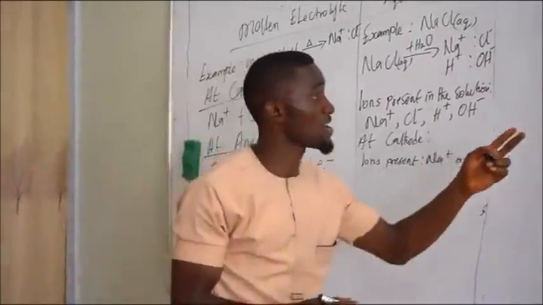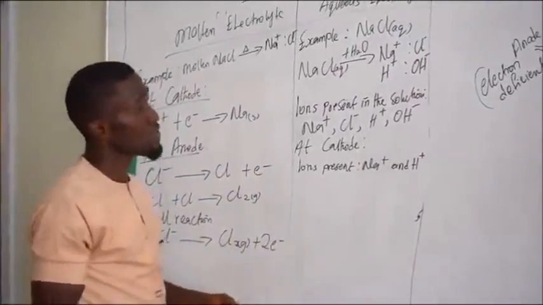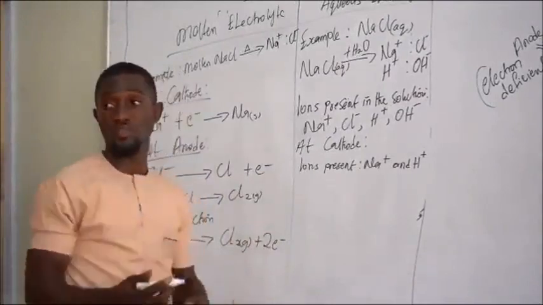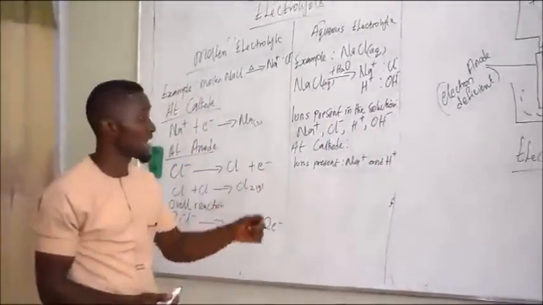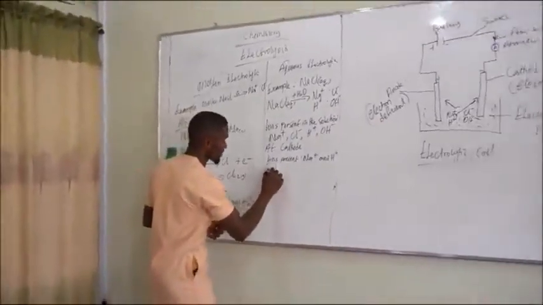Now we have sodium ion and hydrogen ion. Then which of these ions will be preferentially discharged at the cathode? You can say the half cell reaction.